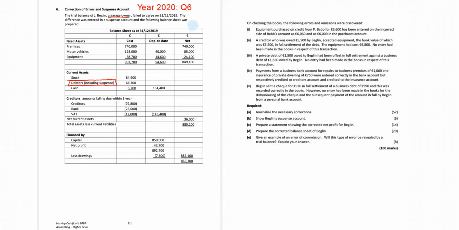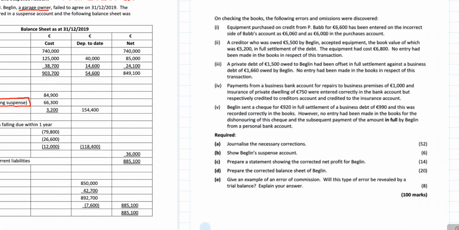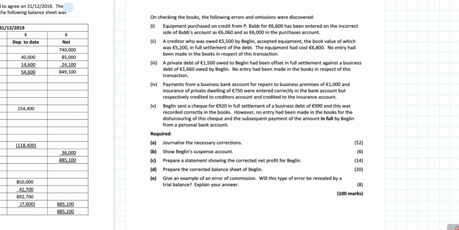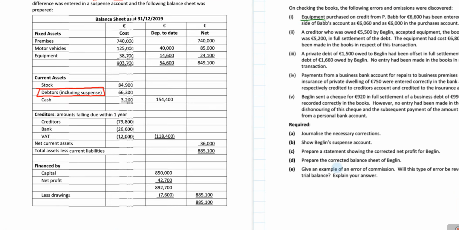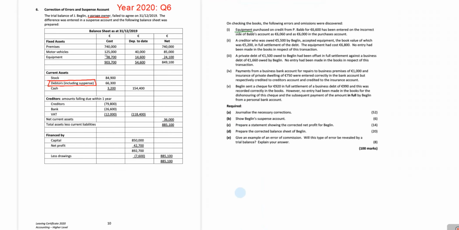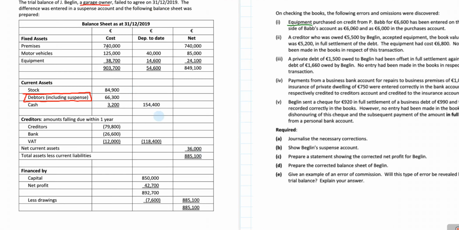So with that, we'll go on to the first adjustment. If I just zoom in a small bit, we are told that equipment purchased on credit. So we have equipment, and if we look at our balance sheet, we can see that that is a fixed asset. We should know that anyway. Numbers look a bit distorted there.